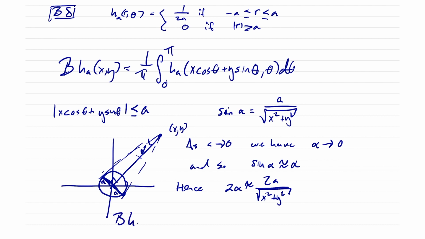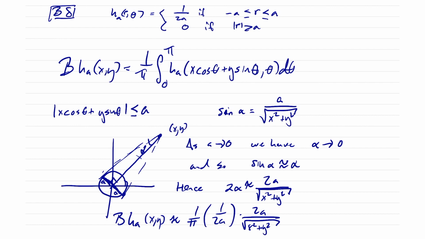The back projection of HA at xy should be approximately equal to 1 over pi times 1 over 2a, and that comes from the definition here of h, times 2a over the square root of x squared plus y squared.